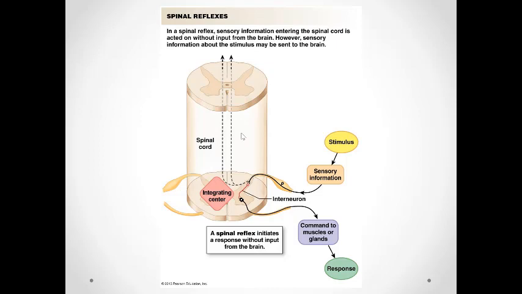So if I sat on the edge of a desk and I hit my patellar tendon, what would happen is that my leg would swing forward. Well, that is called a spinal reflex. And the way that works is you have a stimulus such as a hit on the tendon. The tendon recognizes that it has changed length.